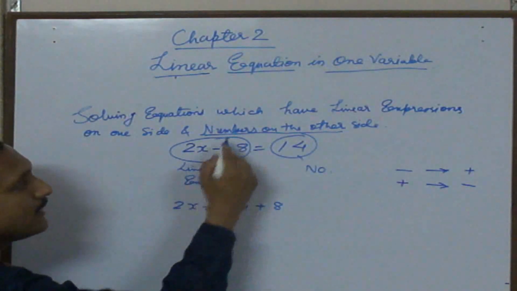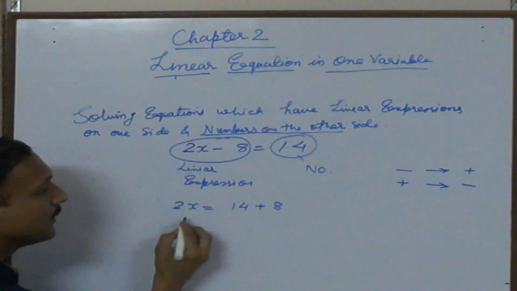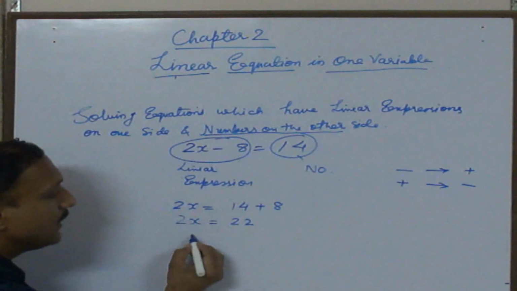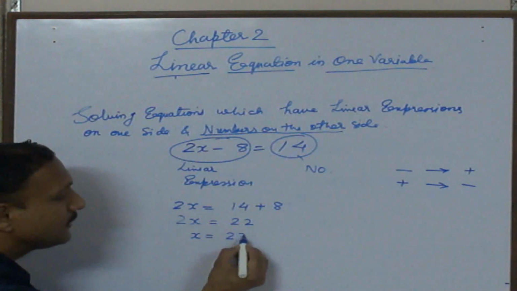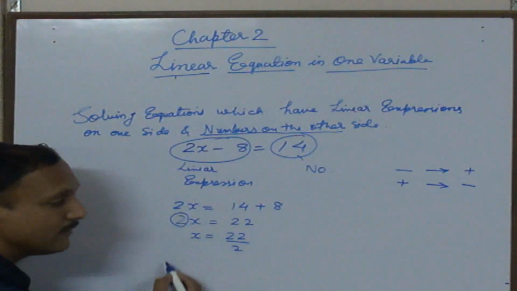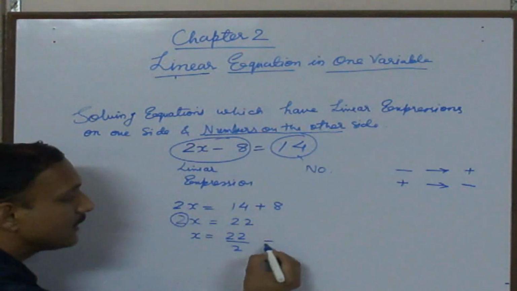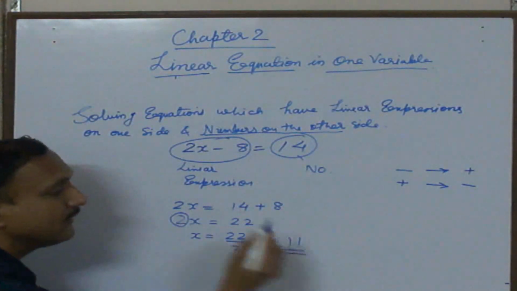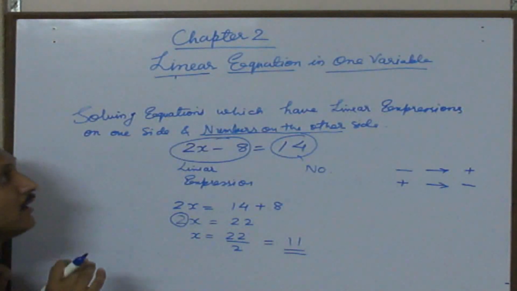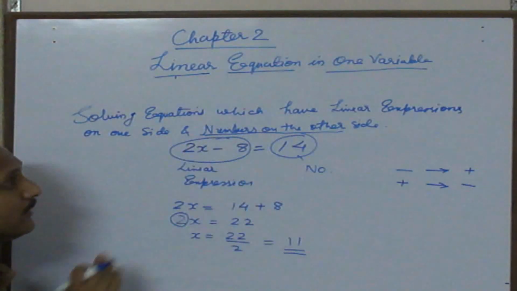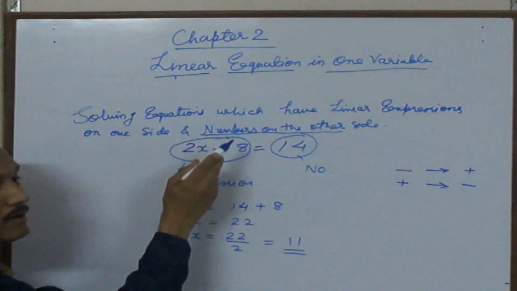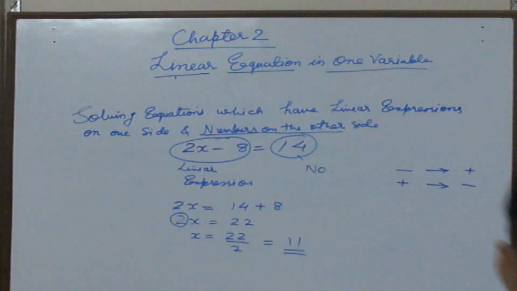We have transposed minus 8 to the other side, that is plus 8. It becomes 2x equals 22, x equals 22 by 2. It is in multiplication with x, so it will come to the division part. 22 by 2 equals 11. So this is the solution of the equation. Very simply we can solve equations when there is a linear expression on one side and a number on the other side. Is it clear, children?